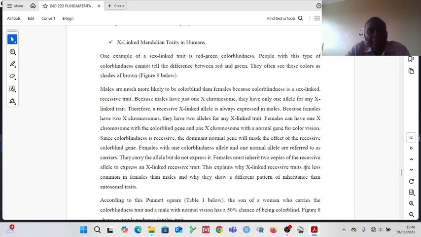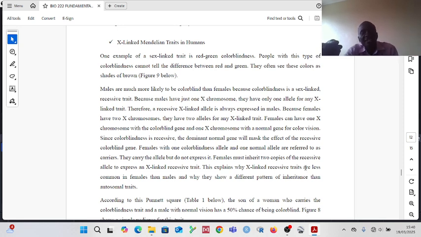So if the X chromosome that the male child has, which he was given by his mother, had that recessive trait, then that is the only X chromosome that the son will have, so that trait will be expressed. But if the daughter is inheriting the similar X chromosome from the mother, the daughter will be getting another X chromosome from the father.